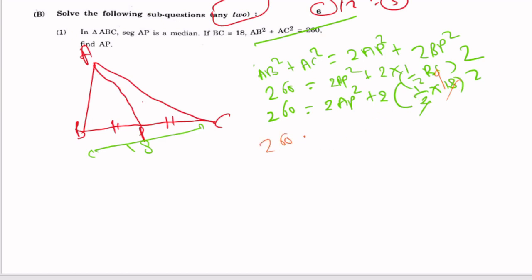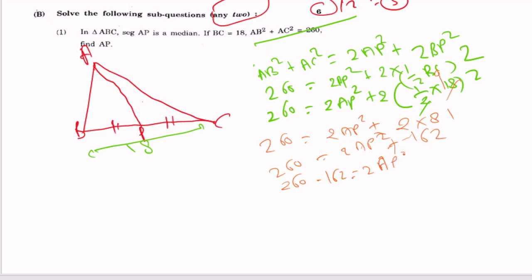So 260 is equal to 2 AP square plus 2 into 9 square. 9 square is how much? 81. So 260 equals 2 AP square plus 81 into 2, 162. So 162 will go to the right side. So 260 minus 162 is equal to 2 AP square.